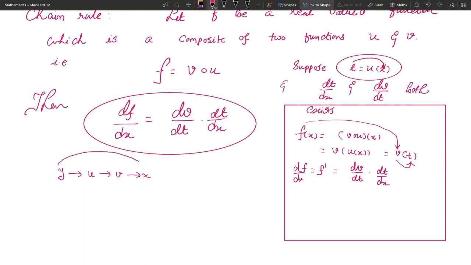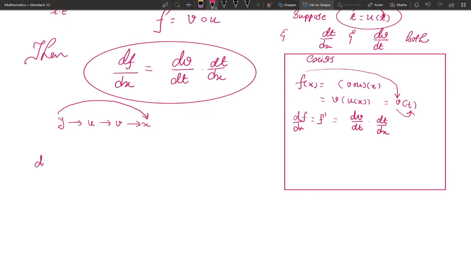Then if you want to differentiate y with respect to x, according to chain rule, dy by dx: first differentiate with respect to u, dy by du, into du by dv, since u is a function of v, and dv by dx, since v is a function of x. This is because of chain rule.